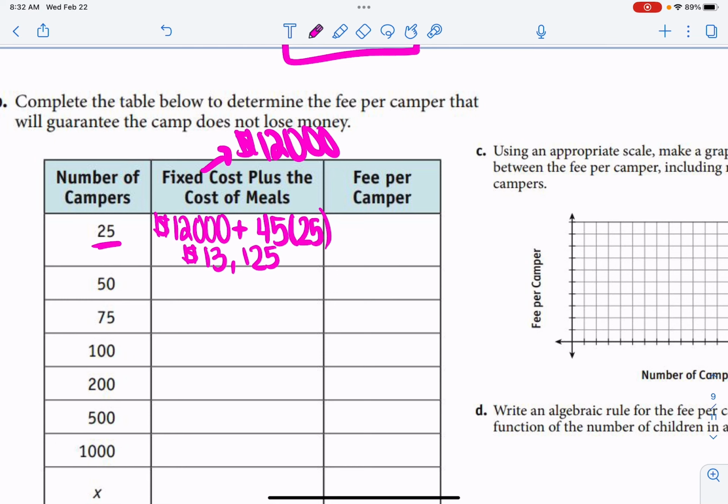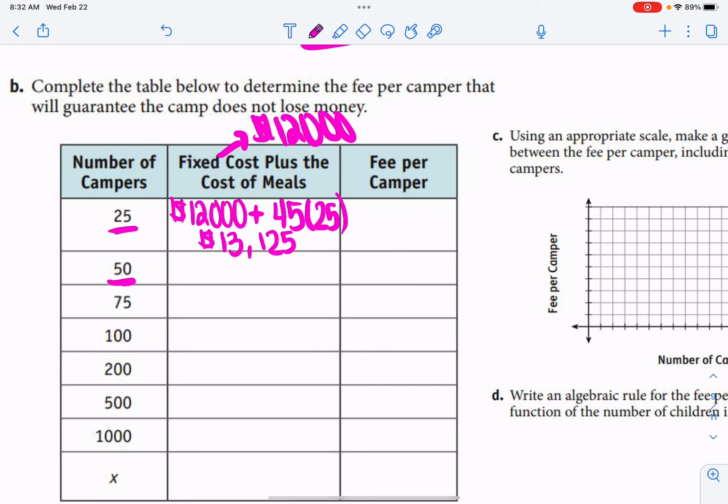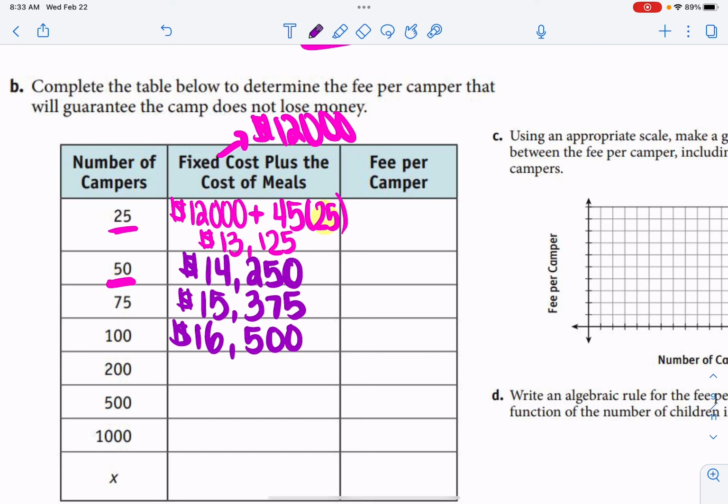From there, you're going to continue with that process, just changing this variable to be whatever the number of campers is. For 50, you can do this in your calculator, and you can pause it if you want. That would be 14,250. For 75, that would be 15,375. For 100, 16,500.